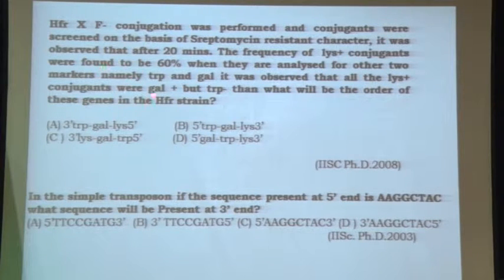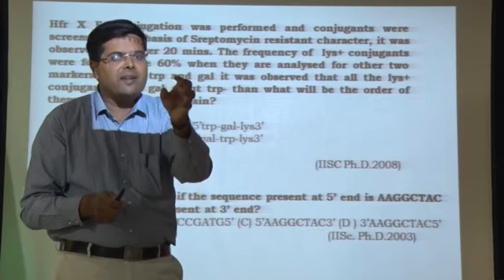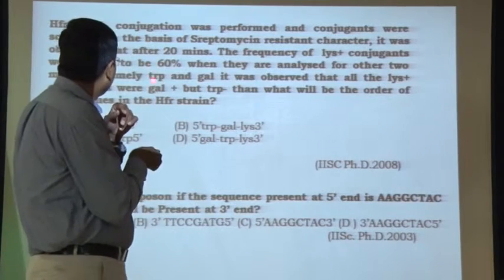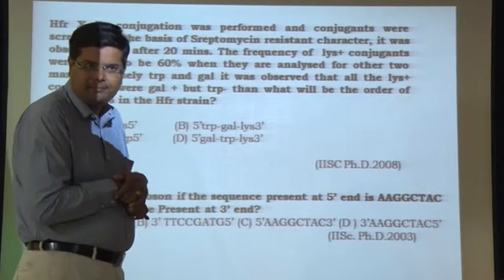It was observed that after 20 minutes the frequency of lysine plus conjugates were found to be 60%. When they are analyzed for other two markers, trip and gal, means ये जो 60% lysine को है, they will be checked for these two markers, trp and gal.